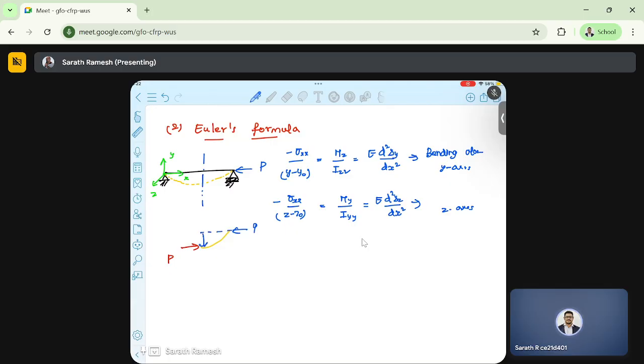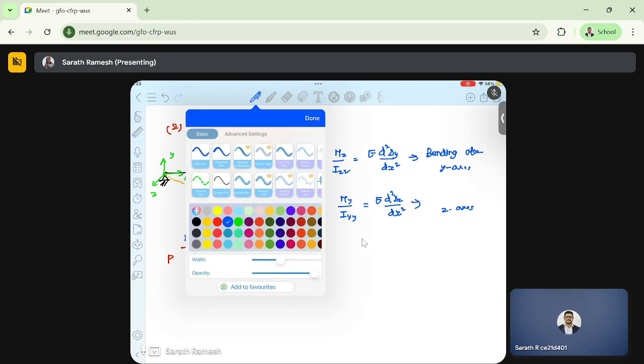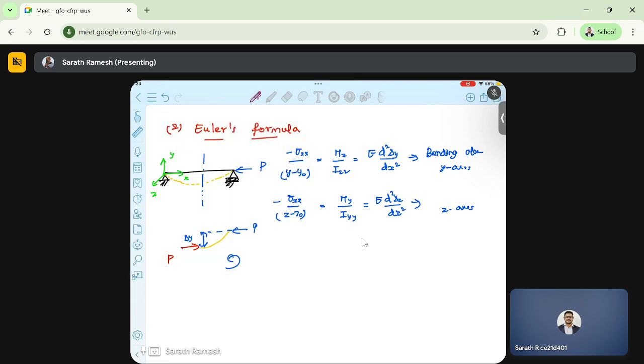This is say delta y, and there will be a moment induced. This P into delta y is anti-clockwise, right? So it goes like this. So to resist that, we will have some moment in the clockwise direction. So that is Mz moment, which is P into delta y.